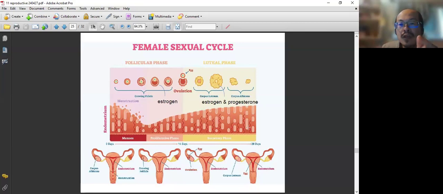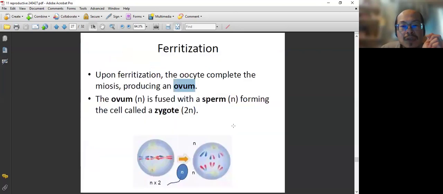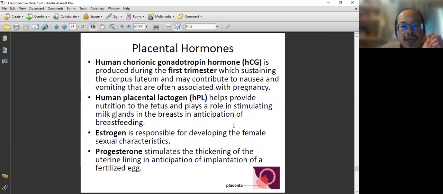And how does the corpus luteum know that it's not time to die yet? It's HCG. So the placenta produces HCG, with several functions. One is to sustain the corpus luteum, and so it will continue to produce the sex hormones to sustain the endometrium, the uterus, for implantation and embryo development.